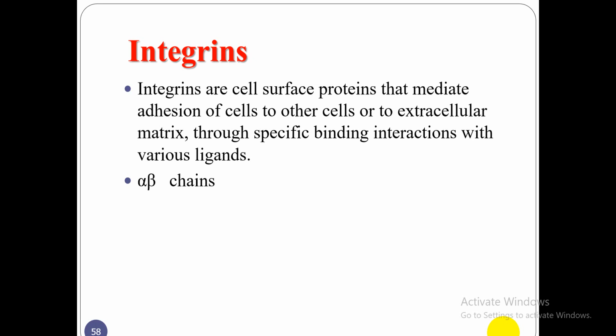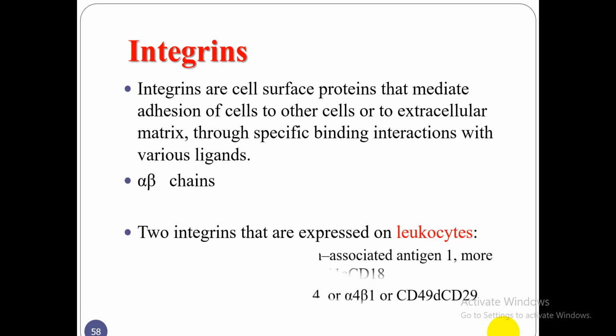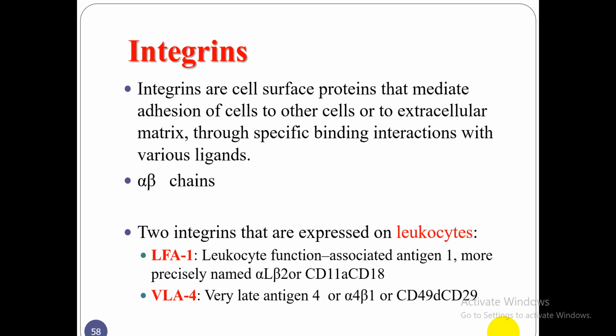And this ligation is mediated by interaction with various ligands. Integrins usually have two chains, alpha and beta chain. Two integrins are expressed on leukocytes, which are more important in inflammation process.